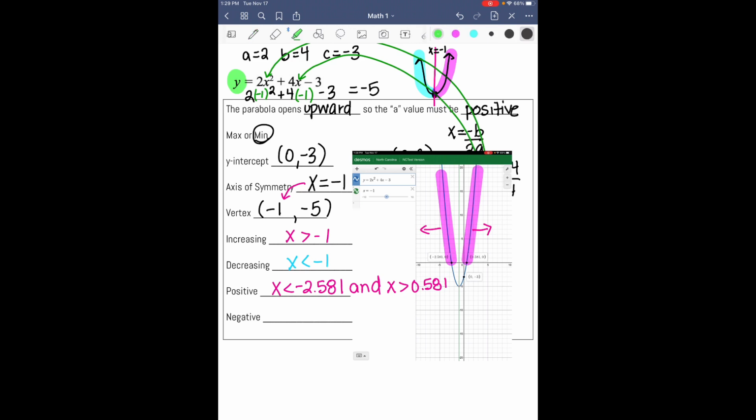And then we're going to have negative. So it's going to be negative underneath the x-axis, and it's going to be negative when it's between those two values, negative 2.581 and 0.581. So it's going to occur between those two, so we have to put x in the middle.